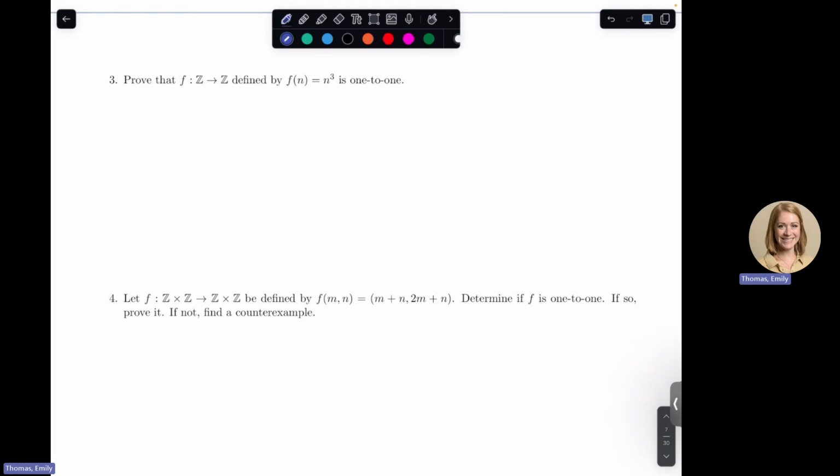What does that mean for it to be 1-to-1? Every input has exactly one output is the definition of a function. Every output has one input, that would be the definition of 1-to-1.